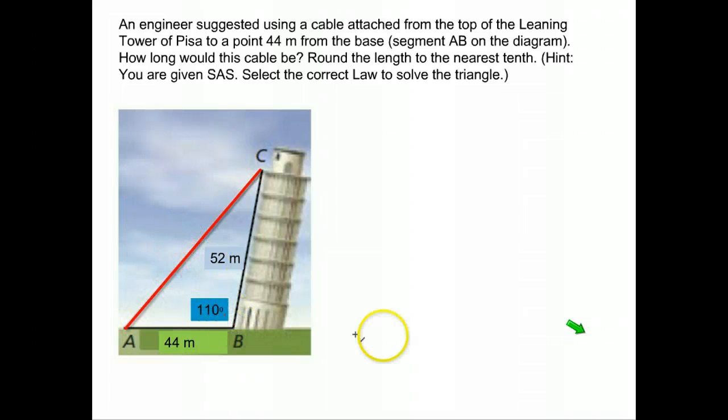I'm going to label the parts. They labeled the angles. Here's angle B, so across from that would be lowercase b. That's the side I'm looking for. Here's angle A. Across from that would be our little a, and big C. Across from that would be little c. How do I know what to use in my law of cosines? Which of those formulas?